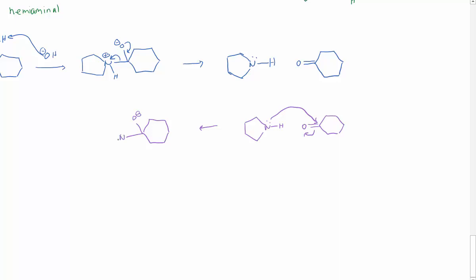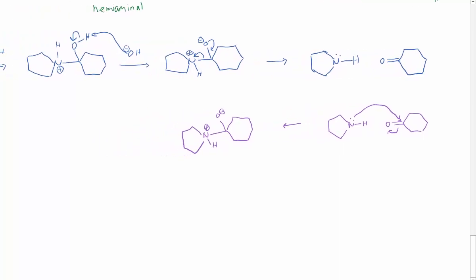That creates this structure that has charges on both the nitrogen and the oxygen. If I'm going to be getting rid of that oxygen as a leaving group, I need to protonate it. Here it is getting protonated by a very weak acid, water.